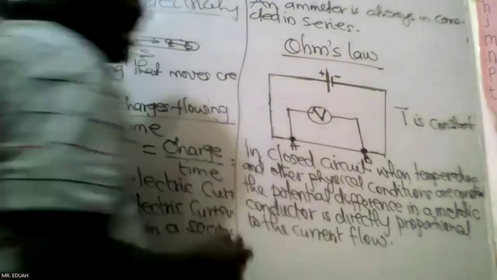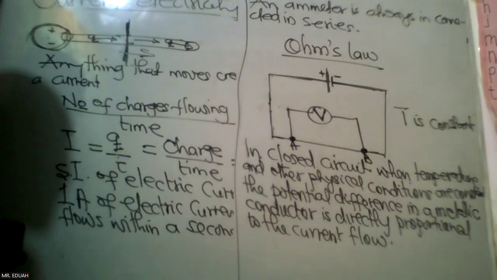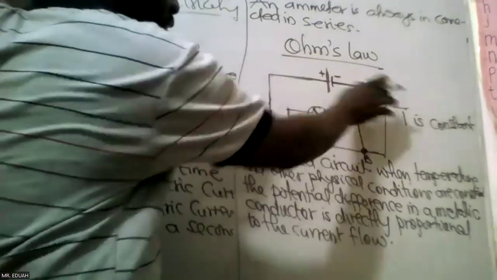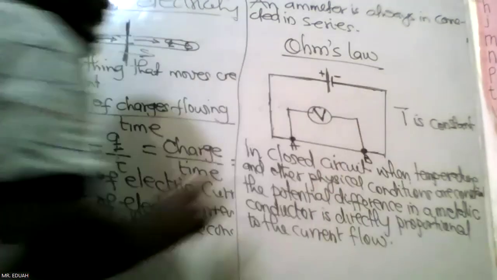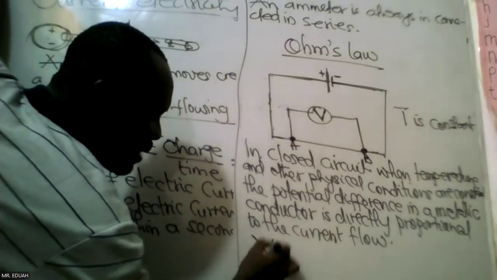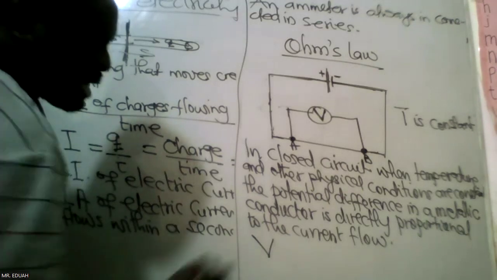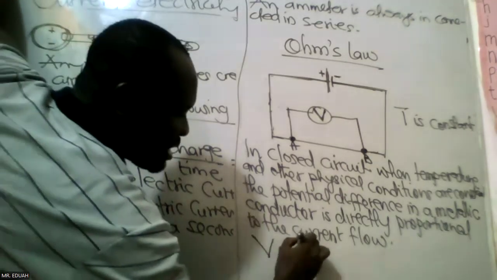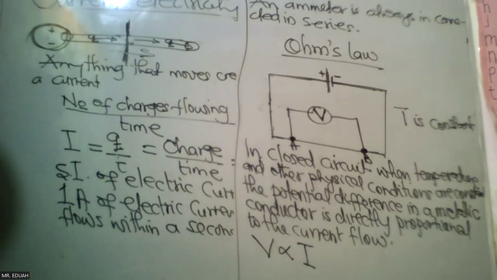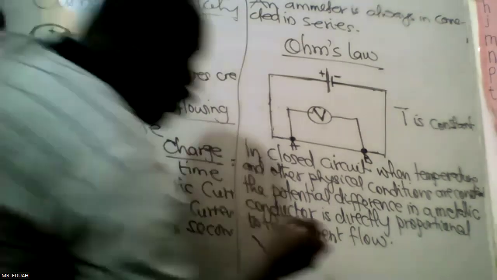All that Ohm is saying, when the temperature of the conductor is constant, the potential difference V across the metallic conductor is directly proportional to the current flow I. And this is what we call Ohm's law.